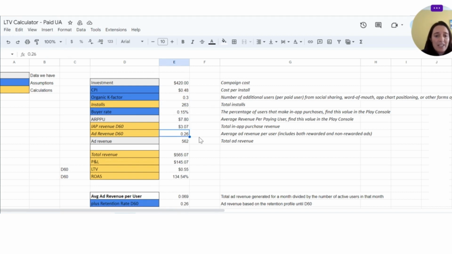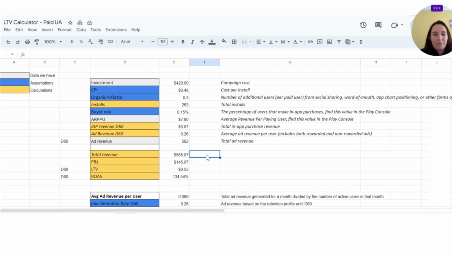The ad revenue at day 60, we just calculate it based on the total ad revenue generated divided by the number of active users from that period, plus our retention profile at day 60. We are calculating LTV at day 60 in this case, but of course we need several time lapses where we should calculate our LTV at day 1, day 3, day 7.